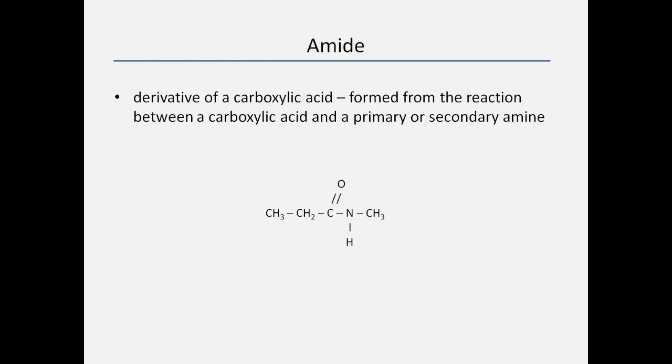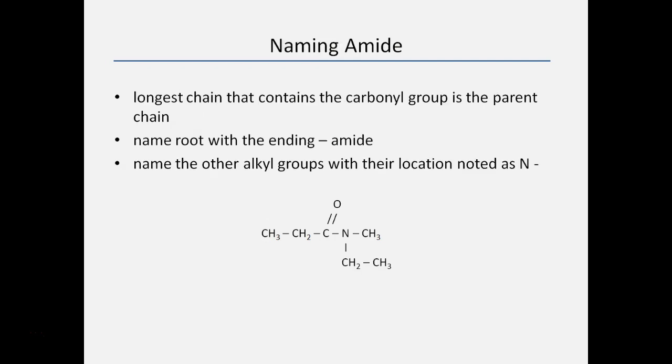The last functional group that we're going to be looking at, which is higher than aldehydes but lower than esters, are amides. Amides are also formed from a reaction of a carboxylic acid, but this time it's a reaction of a carboxylic acid with a primary or secondary amine. We'll look at why at a later date.